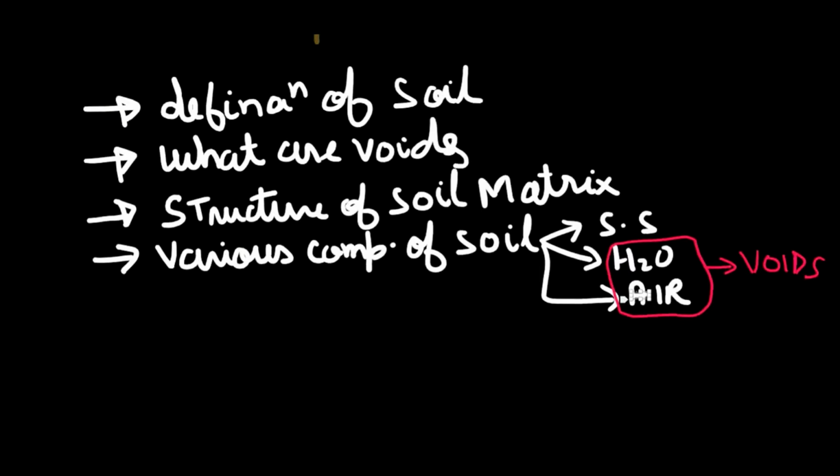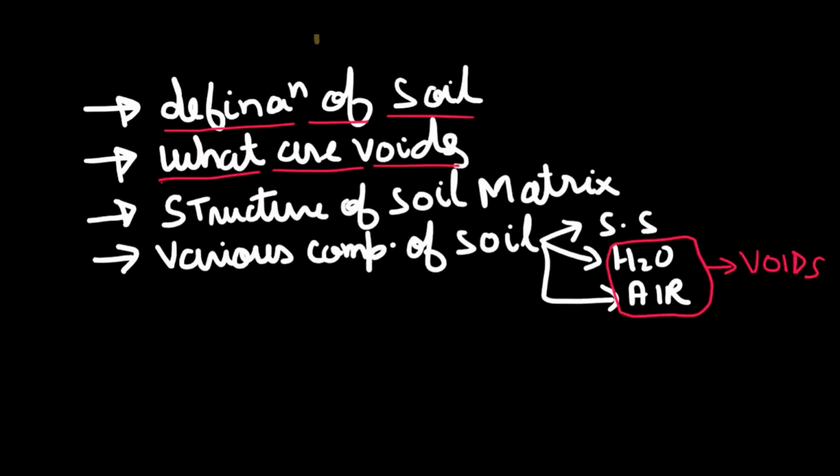Okay, so in the last lecture we have covered these topics. First one was the definition of soil. We have seen the definition, what is soil. The second topic that we have covered is what are voids. This topic has also been covered in the previous video.